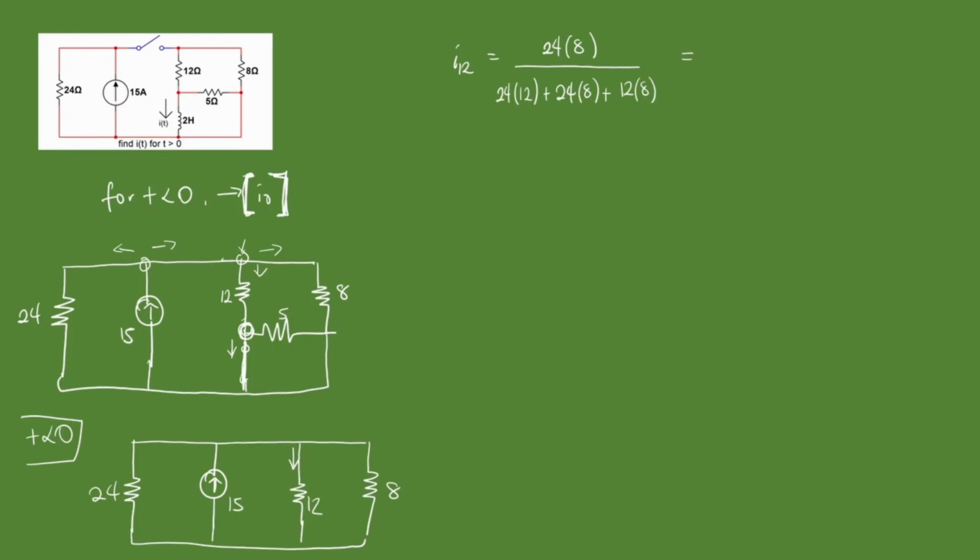So let's resolve this. 24 times 8 is going to give us 192, all over 24 times 12 plus 24 times 8 plus 12 times 8.